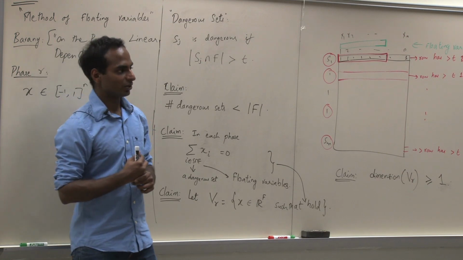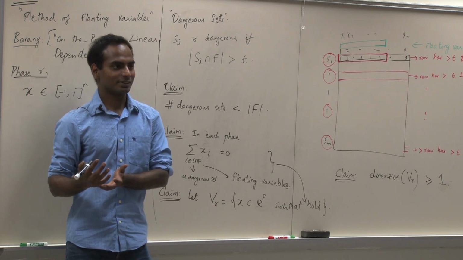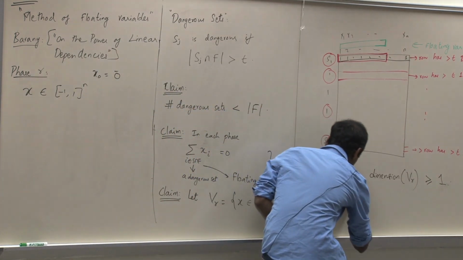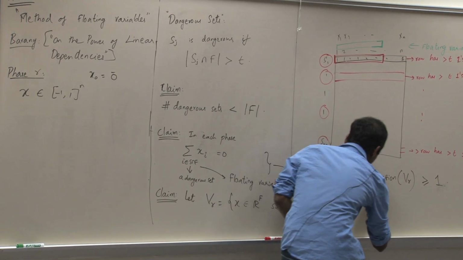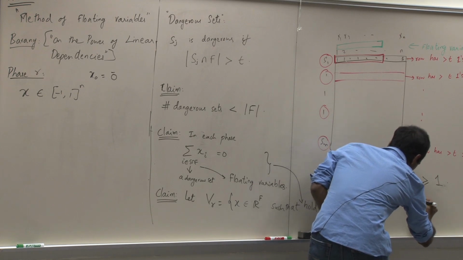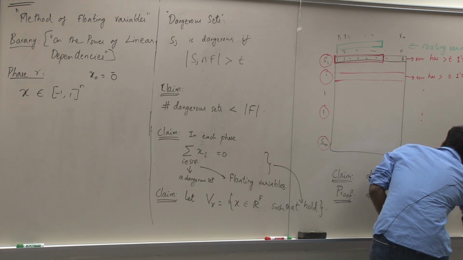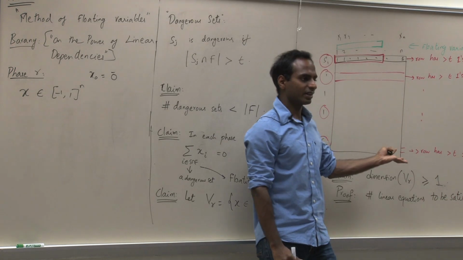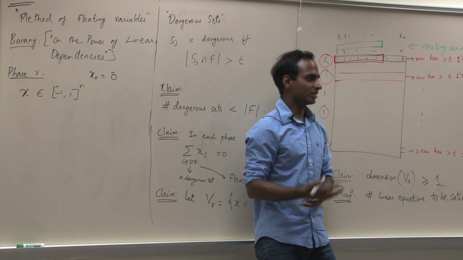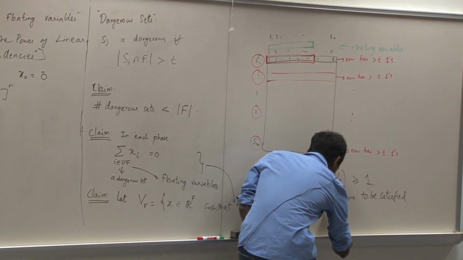Okay. So, the total number of constraints I have imposed is at most the number of dangerous sets, right. So, the number of linear equations to be satisfied is at most the number of dangerous sets, right? Because each dangerous set gives me a constraint and only that.